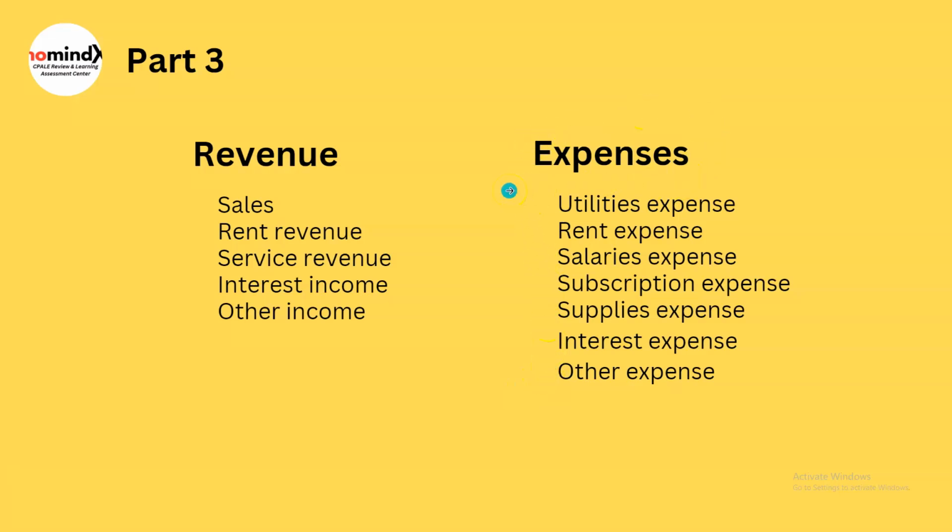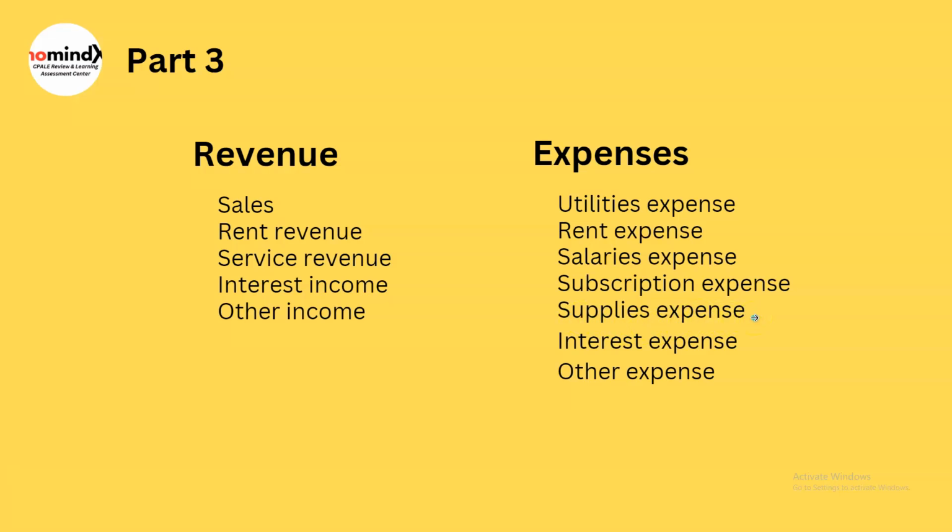Expenses here. Utilities are for like electricity and water bills. Those are basic examples of utilities. Rent, no need to explain that. Salaries, subscription, like you subscribe to some magazines, or software. If you have no software expense provided for that particular nature of expense, then you can use subscription. Okay.